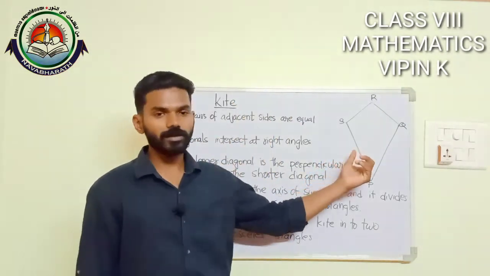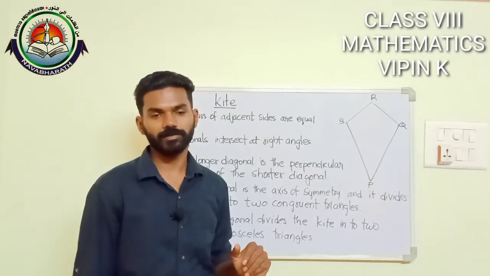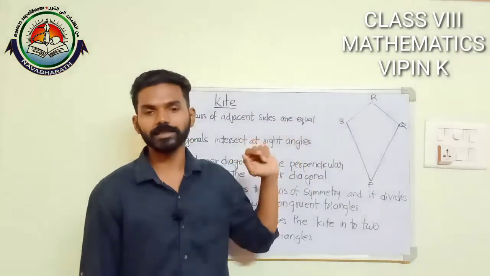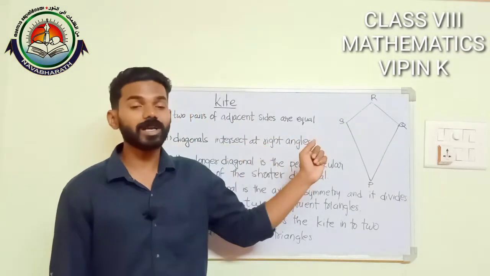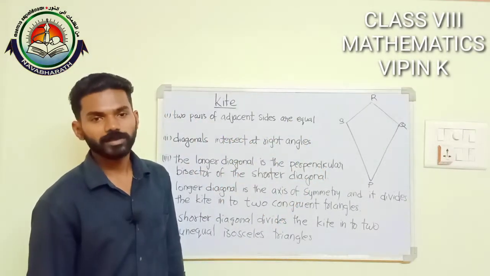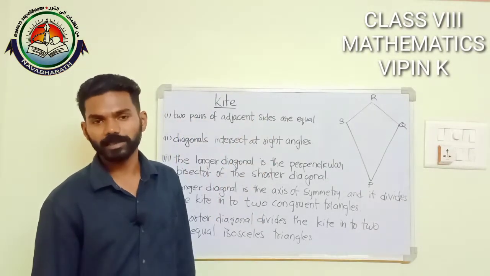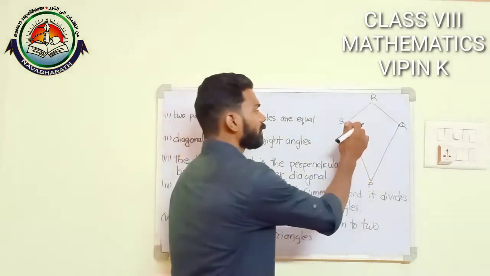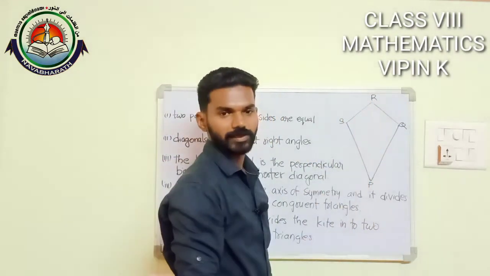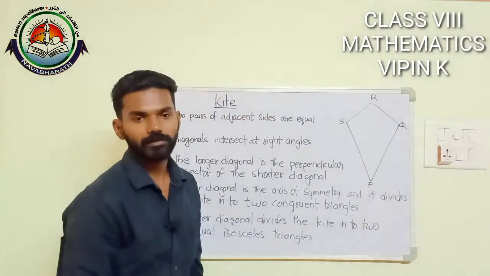Here on the board there is a kite, you can see. And the basic property of a kite is that its adjacent sides are equal. Its two pairs of adjacent sides are equal. You can see that SR and RQ are adjacent sides, and they are equal.